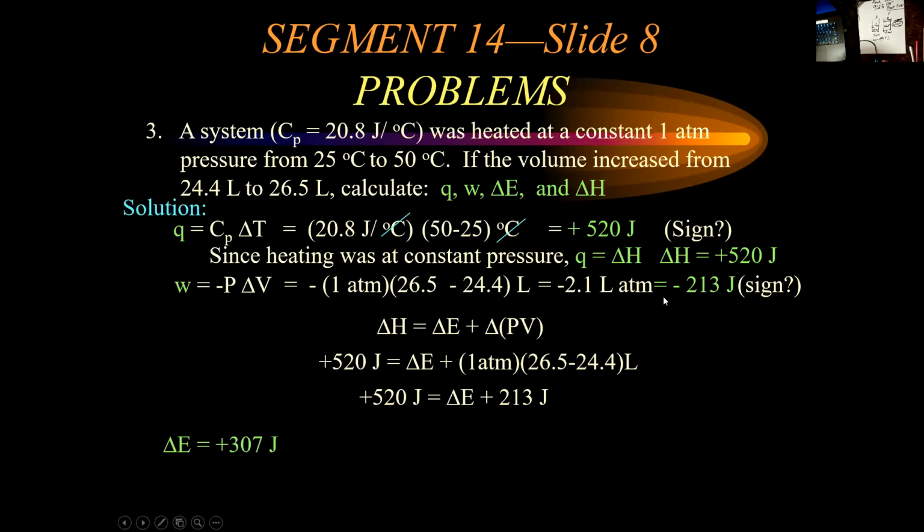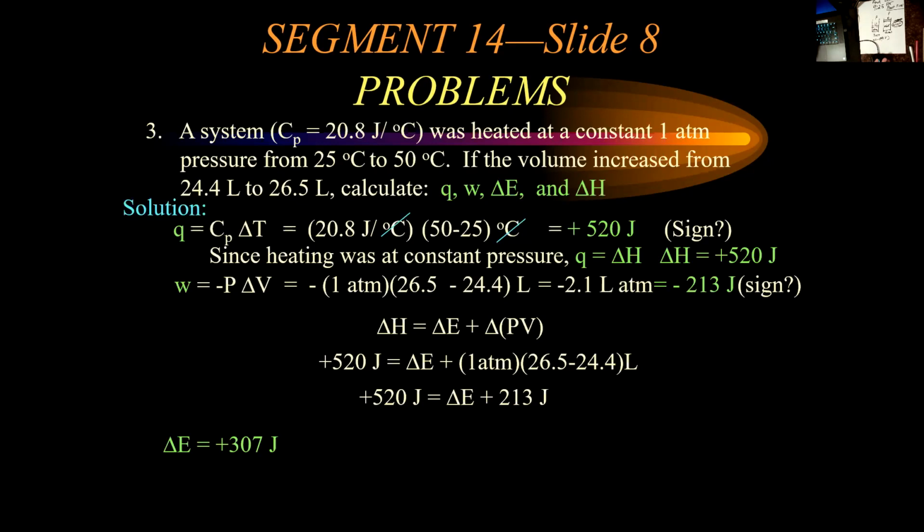We calculated the value of minus 2.13 liter atmospheres. Remember, atmospheres is pressure, volume is liters, so liter atmospheres is the energy unit. Now, if I take that 2.13, multiply by 8.314, and divide by 0.0821, that's the conversion factor. Remember, we got R in two different units. R is 0.0821 liter atmospheres, it's also 8.314 joules.